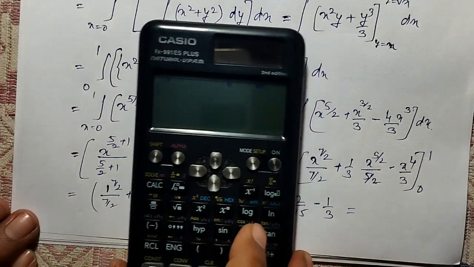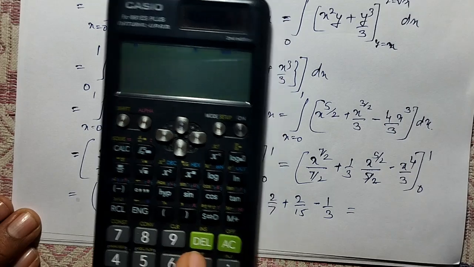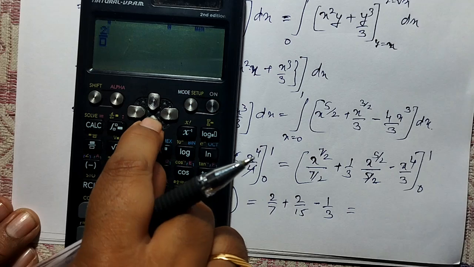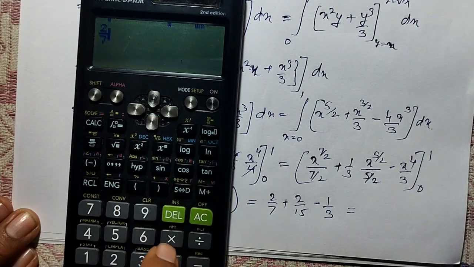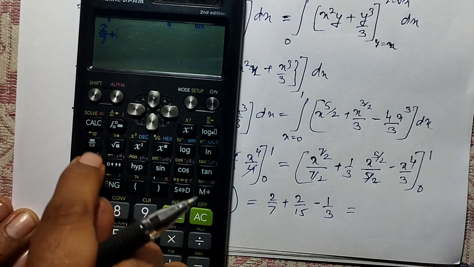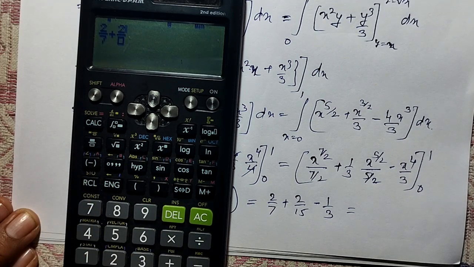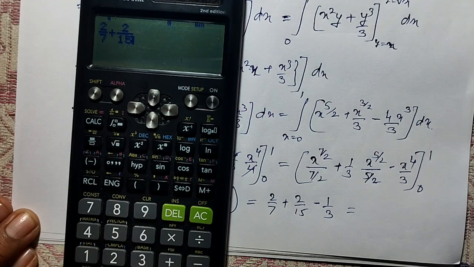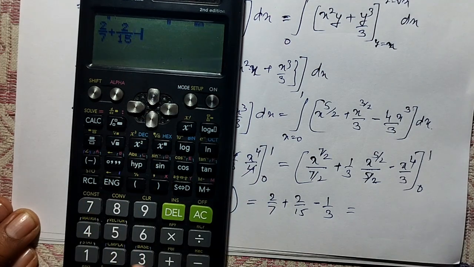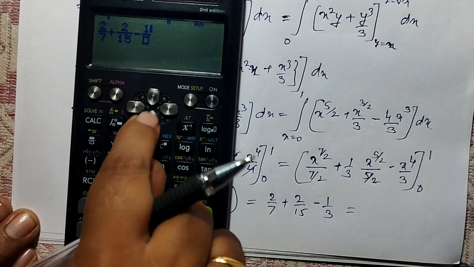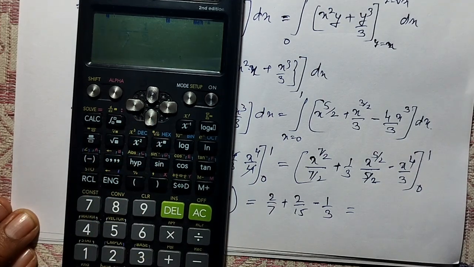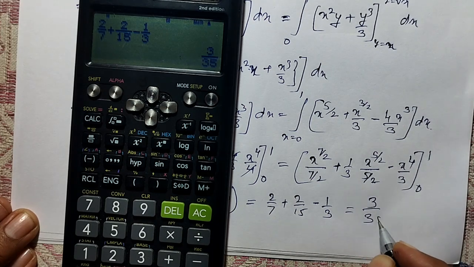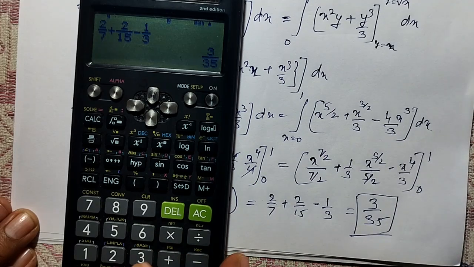I will use the calculator directly: 2 divided by 7 plus 2 divided by 15 minus 1 divided by 3. Therefore, my answer is 3 by 35. 3 by 35 is the required answer.